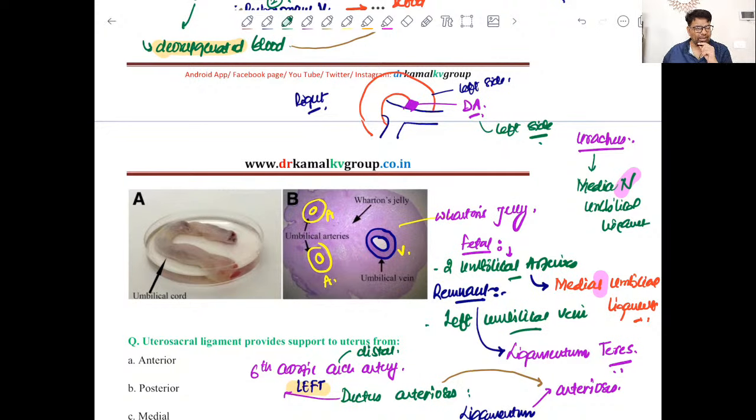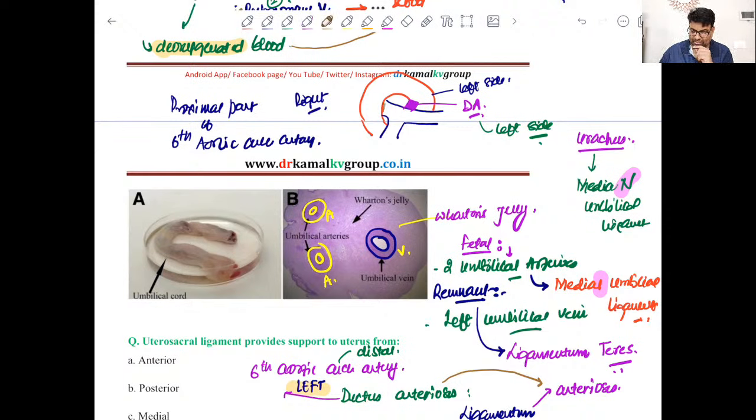Okay, this is the distal part, and thank you, Sneha. So this is the distal part, because from the proximal part of sixth aortic arch artery, we have the development of the pulmonary arteries.